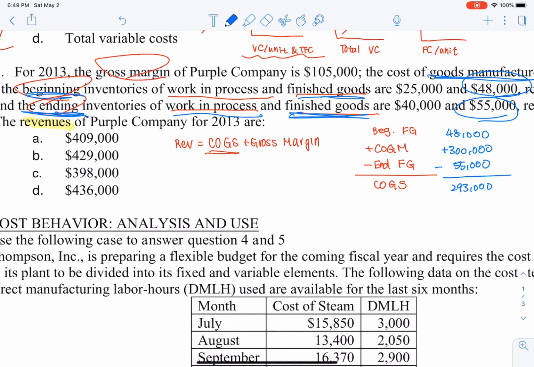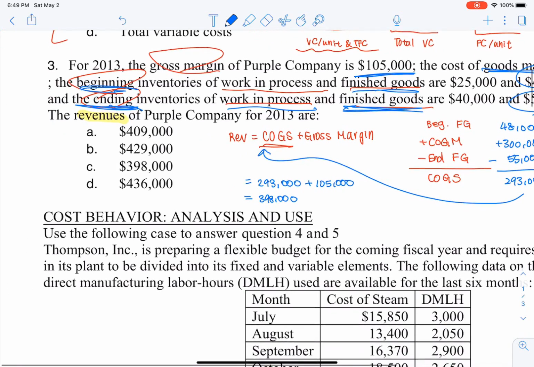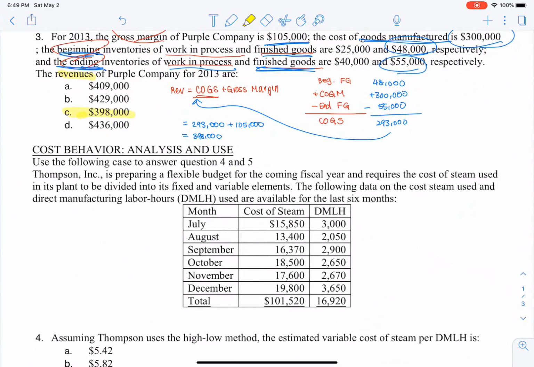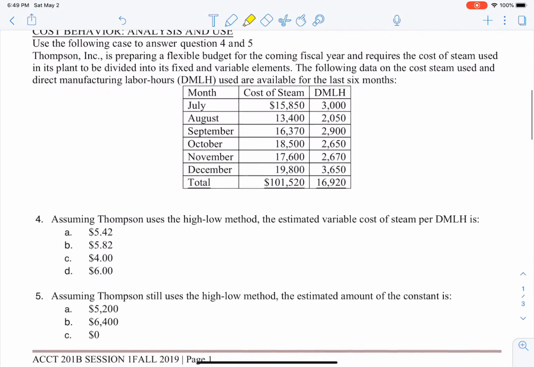So we plug this number in as the cost of goods sold. We end up with $293,000 plus our $105,000, and the final answer is going to be $398,000, and that's C. That's our answer. Move on to number 4.